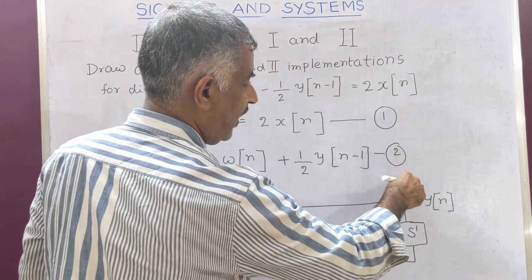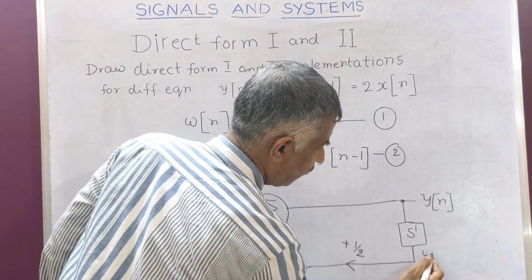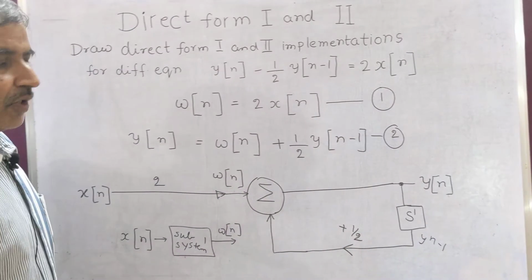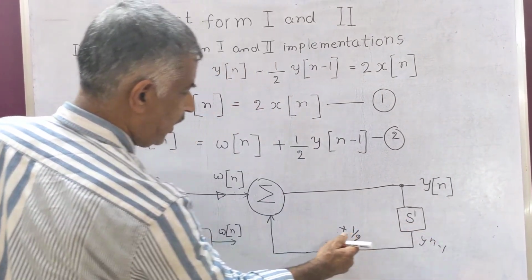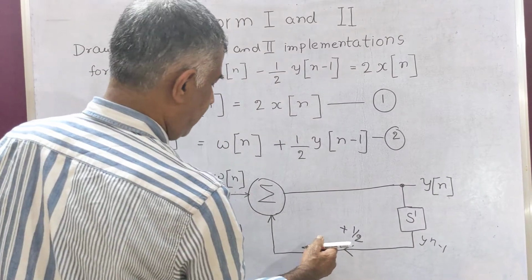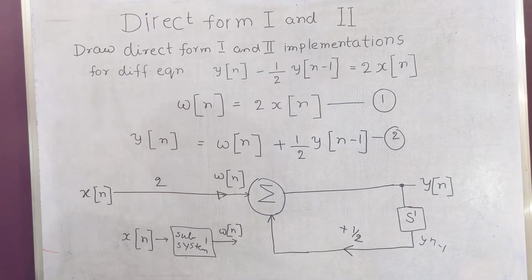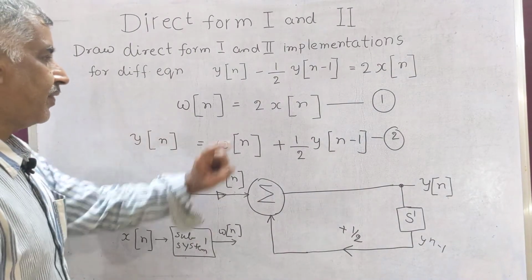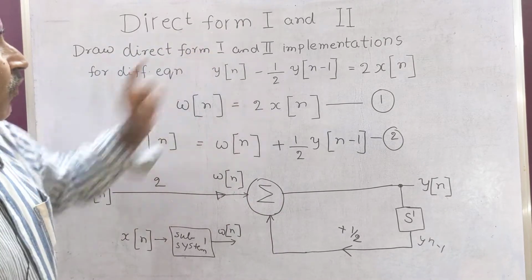From y of n we generate y of n minus 1 by a shift of 1 unit. Then y of n minus 1 is multiplied with plus half, and it comes to the summation. This is what is called direct form 1.